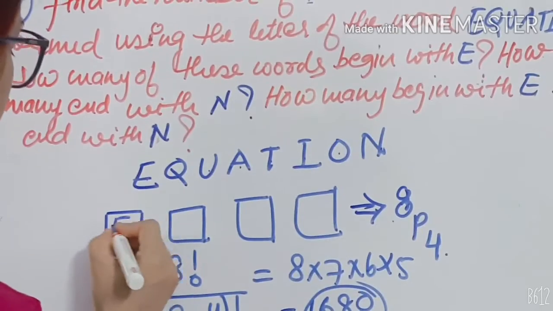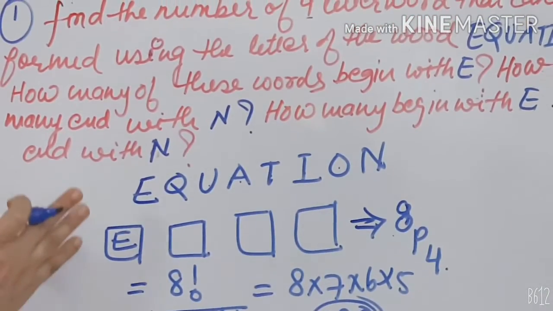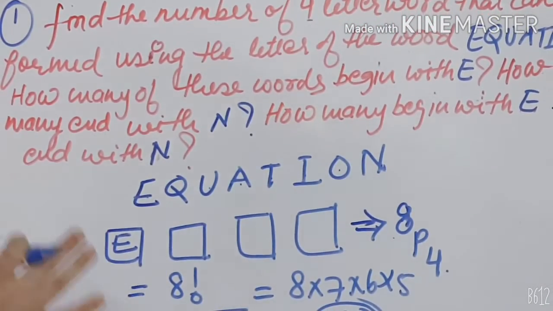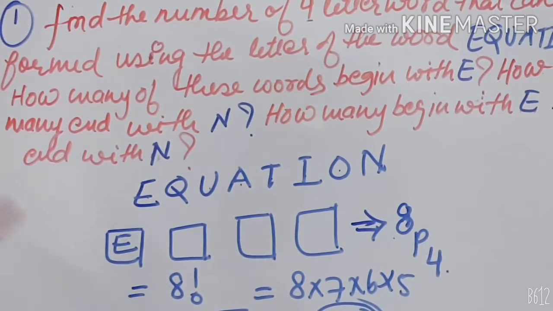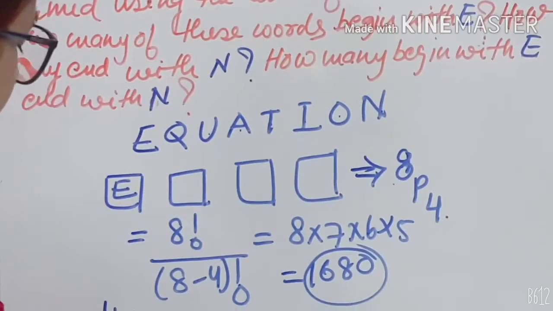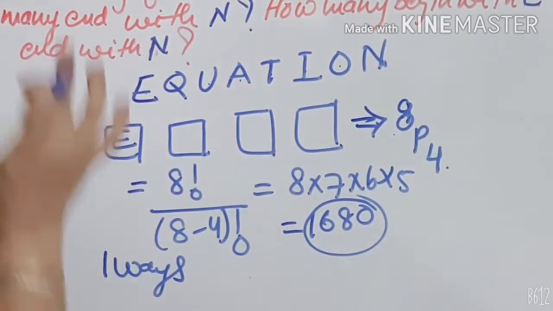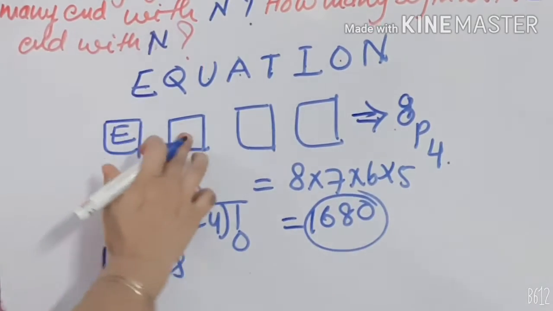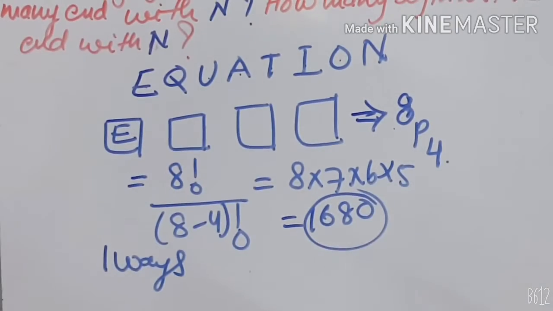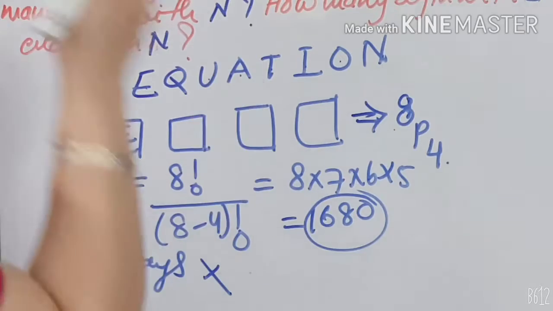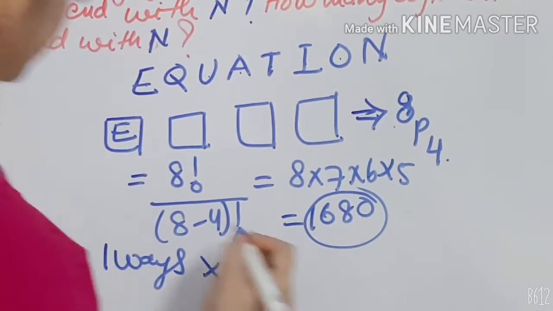Now coming to the next one: how many of these words begin with E? I have specified that E should come in the first block. That means E is one way only, so I write one E only. Now how many letters are remaining?